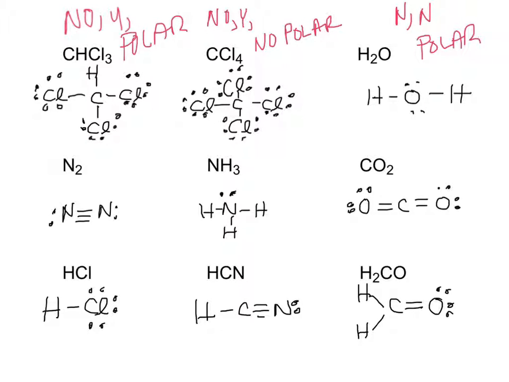Nitrogen is a non-carbon-hydrogen material, so the answer is no. Is it symmetric? It is symmetric, so therefore it could be nonpolar. The next question is, does it contain a polar bond? The answer is no, so it's a nonpolar material.